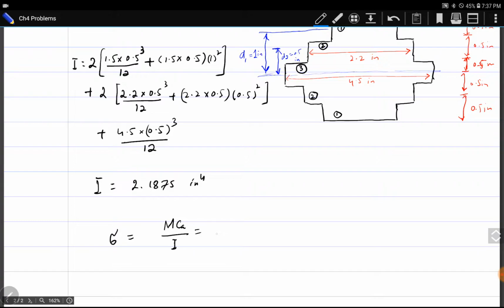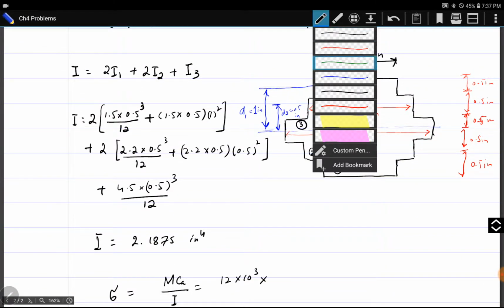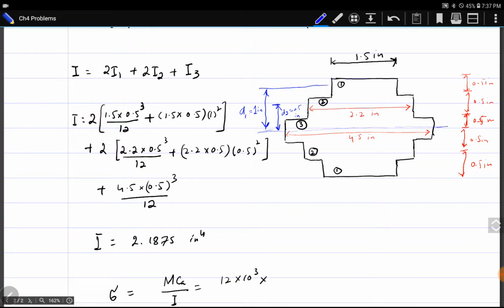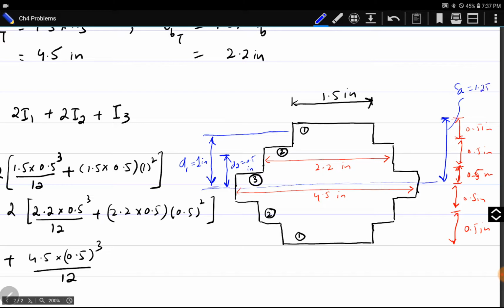It is 12 kilopound inches, 12 into 10 to the power 3. C for aluminum is the distance of the outer surface of aluminum from the neutral axis. This is Ca, which becomes 0.5 plus 0.5 plus 0.25. So it is 1.25 inches.